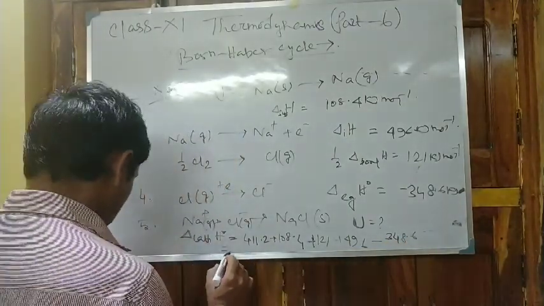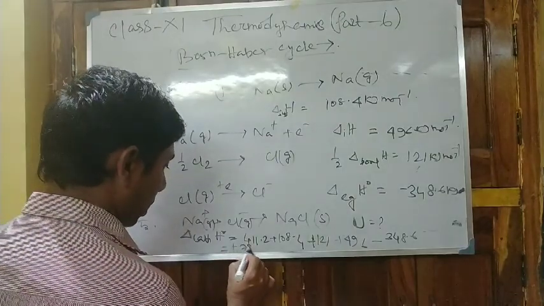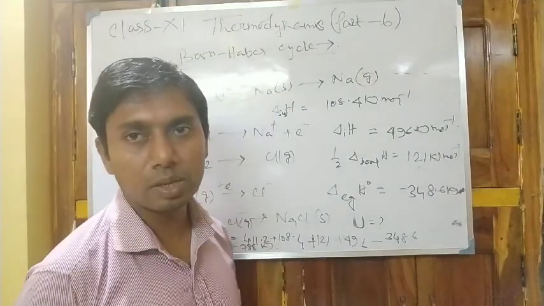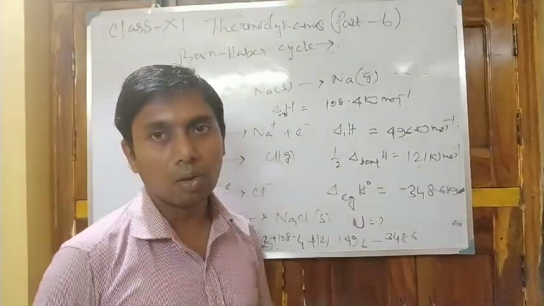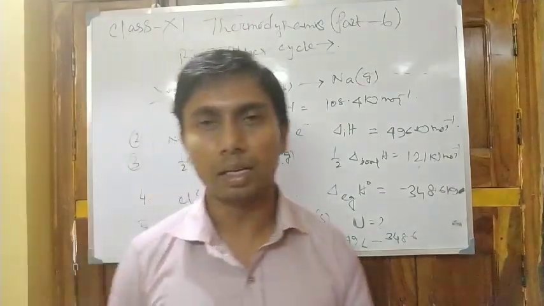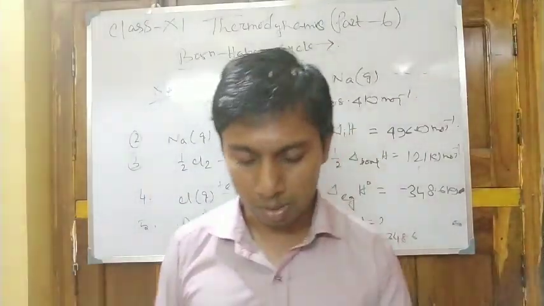It is equal to plus 788 kilojoule. So we have to add every step to calculate the overall change in enthalpy for an ionic crystal, and this comes under the Born-Haber cycle.